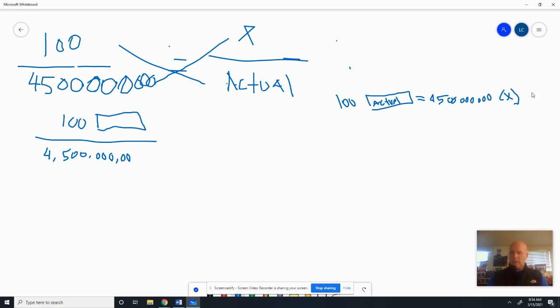Right now they're multiplying by each other, so if I want to get rid of them, I divide by the number I want to get rid of. What I do to one side of the equation, I must do to the other side. That cancels, and I'm left with X on this side.